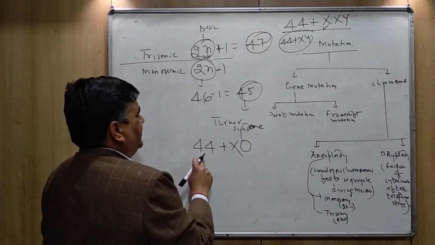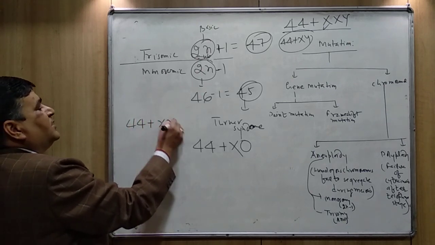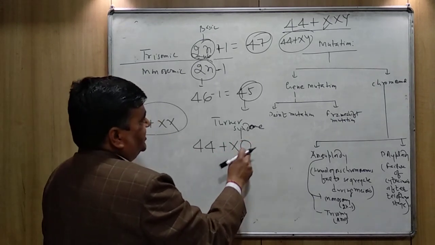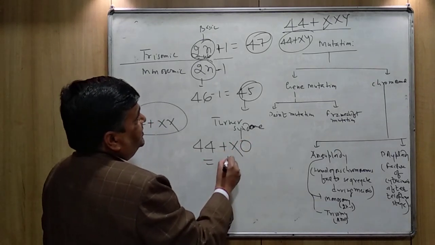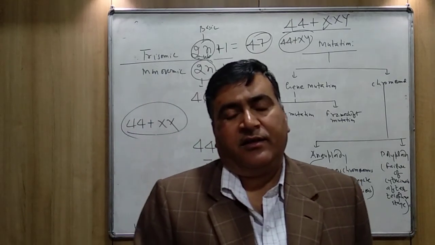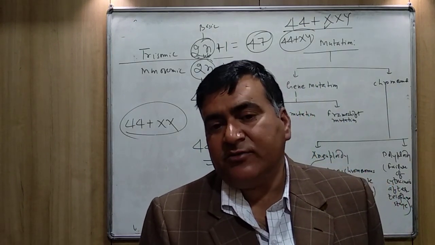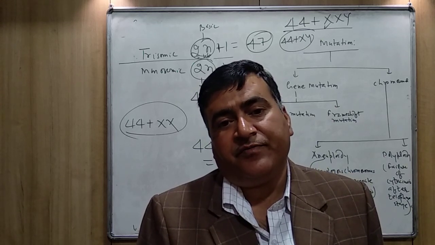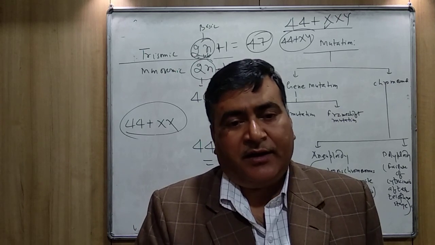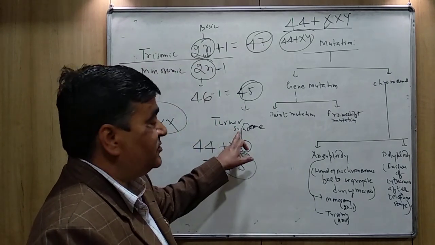As you know, in the female, the normal karyotype is 44 plus XX, but if one X is missed, then the total number of chromosomes will be 45. And if any individual has 45 chromosomes, then that will be affected by Turner syndrome.